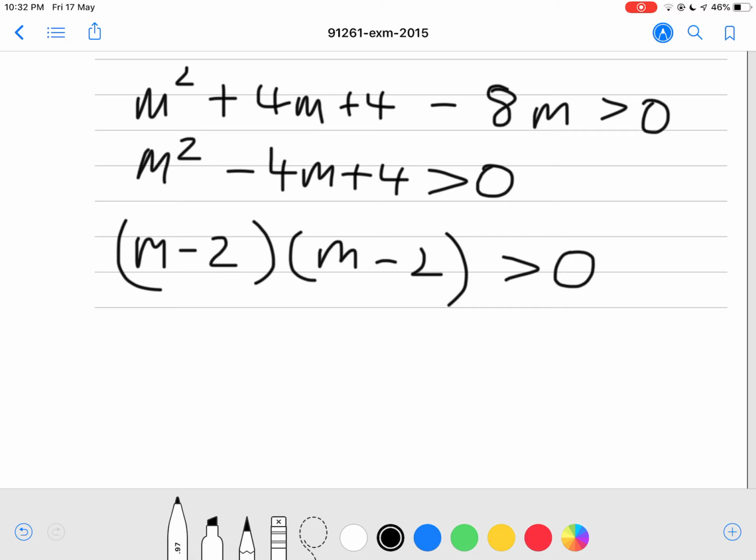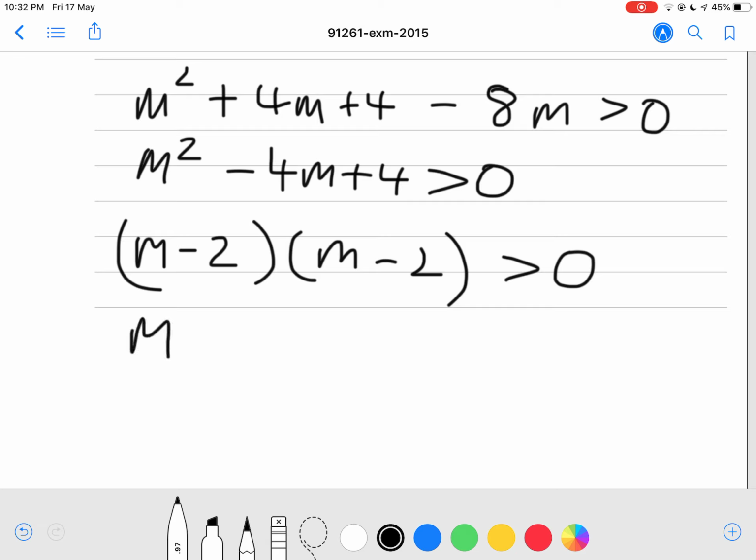Any number squared is a positive number, which is always bigger than 0. That means m can be any real number except for 2, because if m is 2, then it'll be equal to 0 and it won't work.